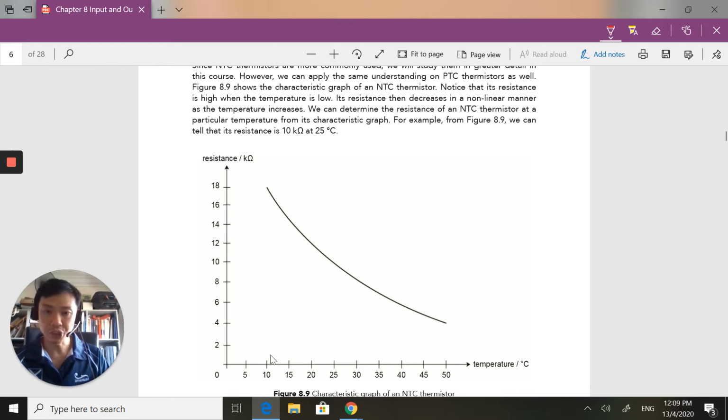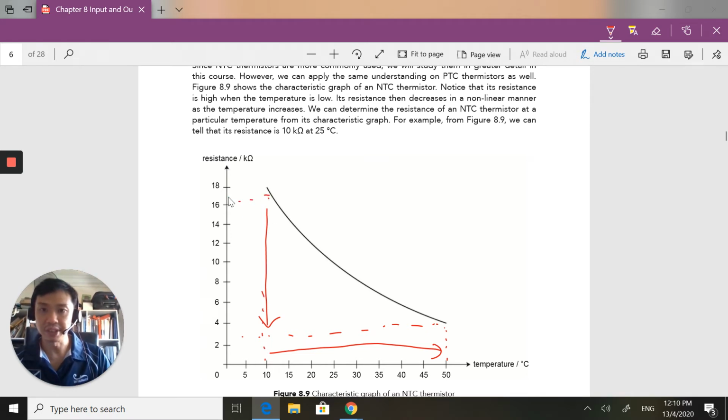But as temperature increases, the resistance decreases. So a very high temperature gives you a very low resistance, and a very low temperature gives you a very high resistance. So this is an NTC.